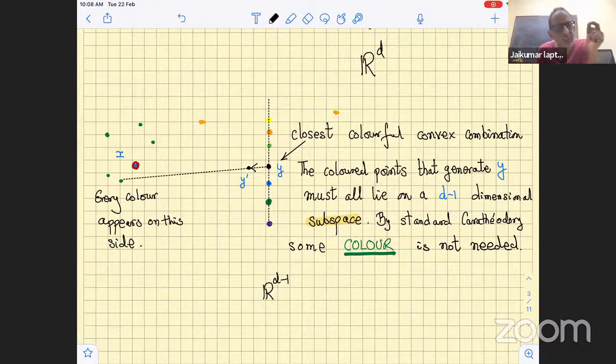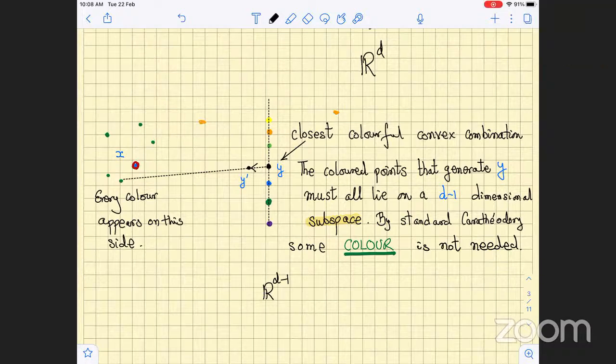Now, in D minus 1 dimensional space, what does the standard Caratheodory tell us? If any point is generated as a convex combination, how many points do you need to generate it? D plus 1. Sorry, D. Yes.